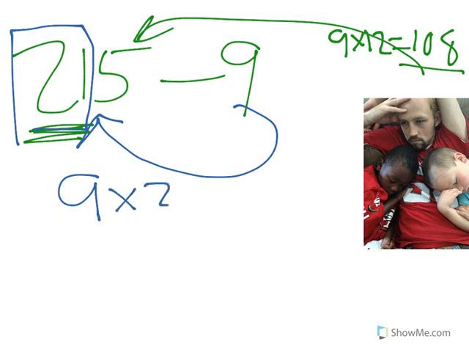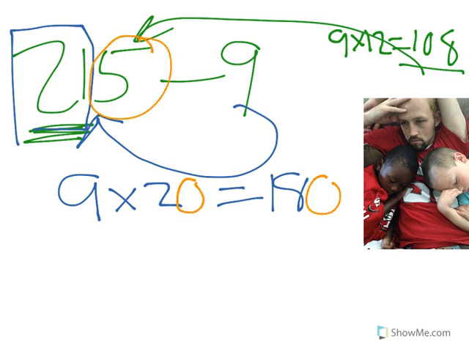But 9 times 2 equals 18. Now 18 is not even close to 215, right? But I have this lovely 5 here, so I add a 0 there and a 0 there. Okay, so 180 is pretty close. So that might be our piece of bread, our smaller piece of bread.